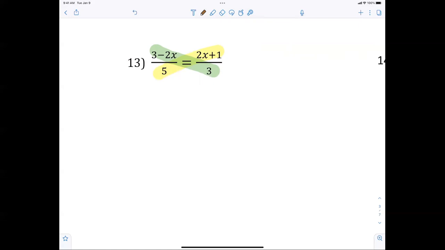We do 3 times the quantity 3 minus 2x equals 5 times the quantity 2x plus 1. Amazing. All right, now distribute for me.